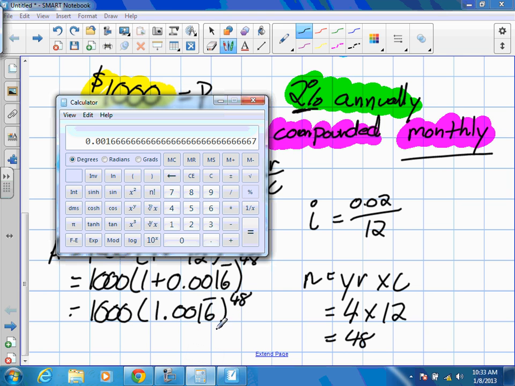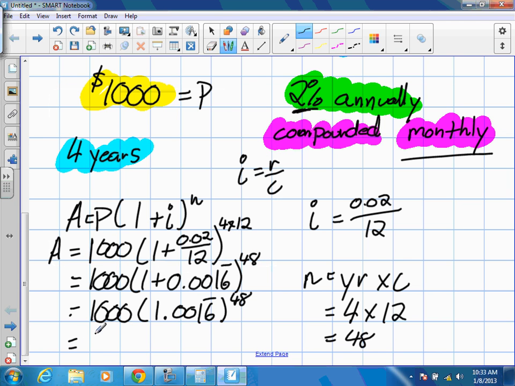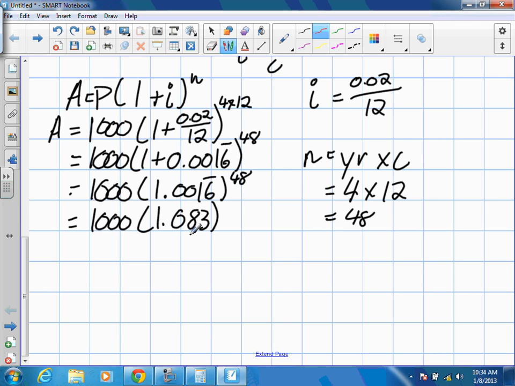So I'm going to use this number, add 1 to it, and then put it to the power of 48. 1.083. 1,000 times 1.083. Now, I want to draw your attention to this 8. 83 is roughly what percentage here? Not quite 83. 8.3%. Think of it like that.